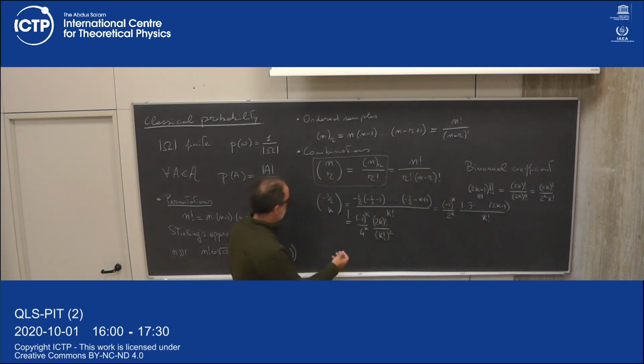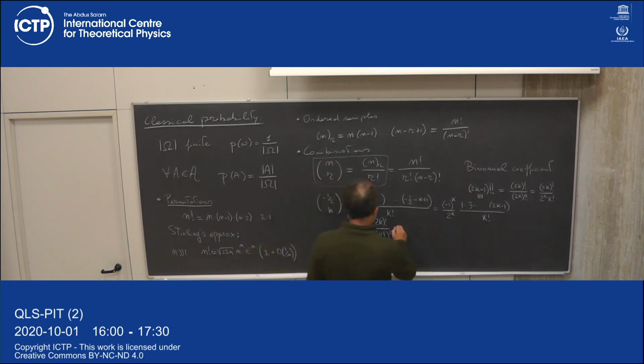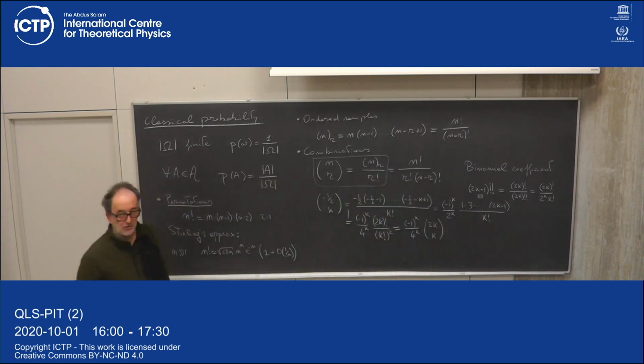Okay, and what is this? Well, this is minus 1 to the k divided by 4 to the k times the binomial coefficient of 2k choose k.